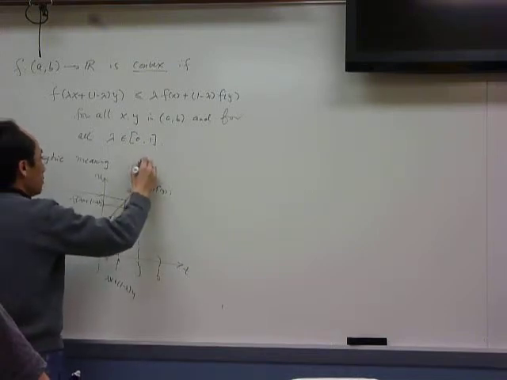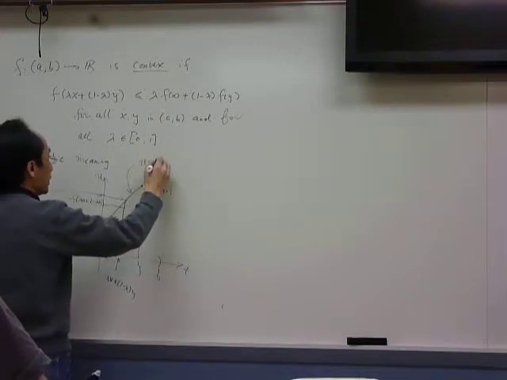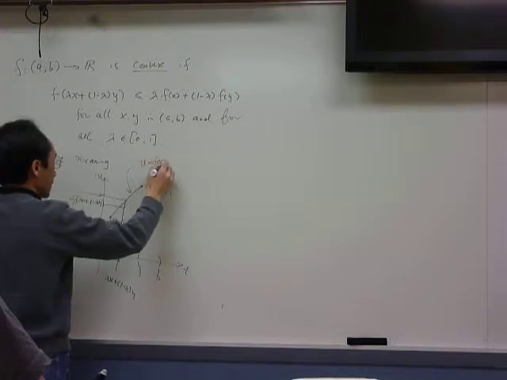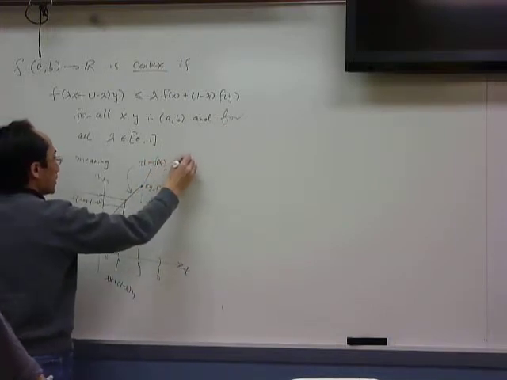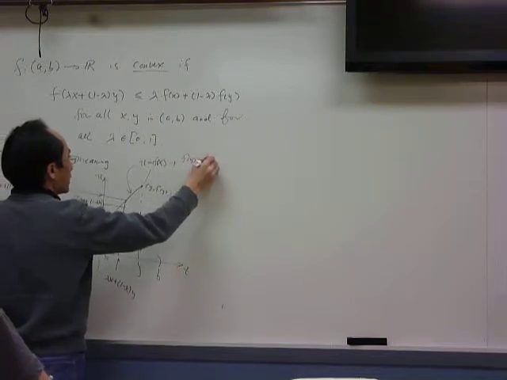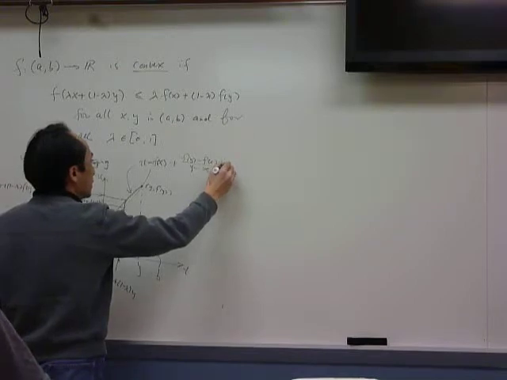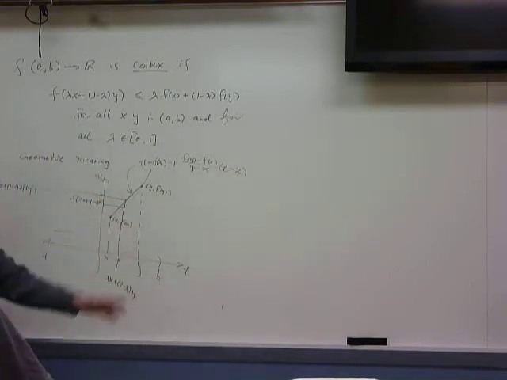So u equals f of x plus the slope, which is (f of y minus f of x) over (y minus x), times (t minus x), right? Now x is a fixed number, y is a fixed number now, right?